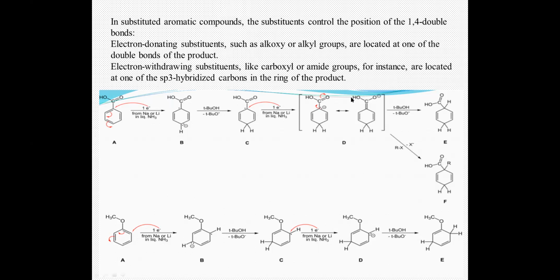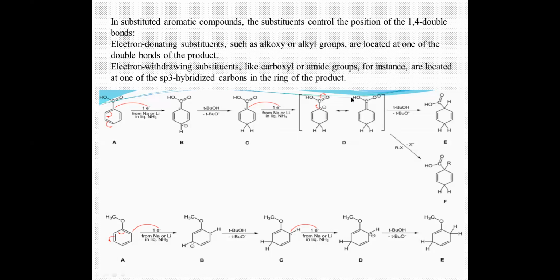Now, if there is an electron donating group, you can see another example, methoxy. Methoxy is an electron donating group. What happens? Alkoxy and methoxy groups are located on the carbon which contains a double bond. So when there is an electron donating group, the substitution is present on one of the double bonds. Why?